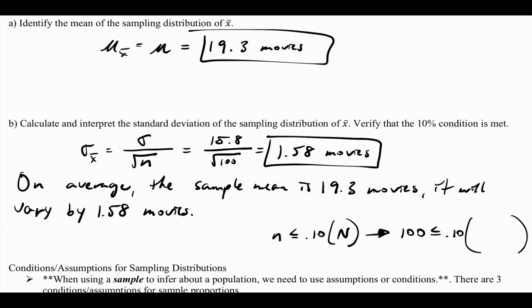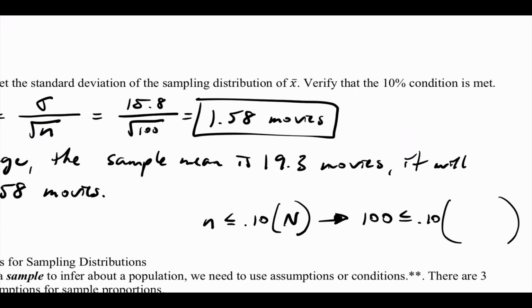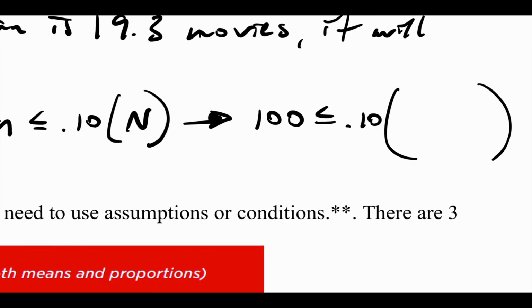A population of students from a large high school, right? I don't have that number, so I just put the population. So I say students at a large high school.